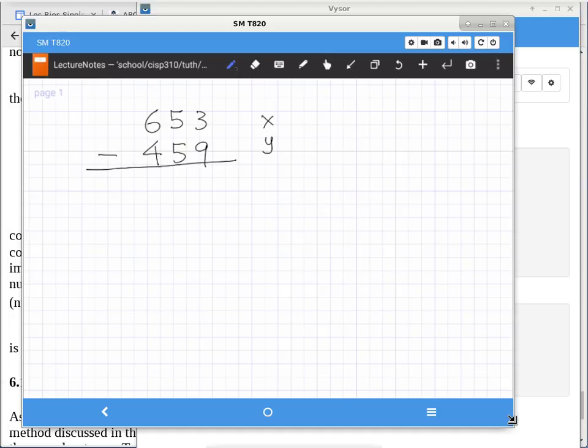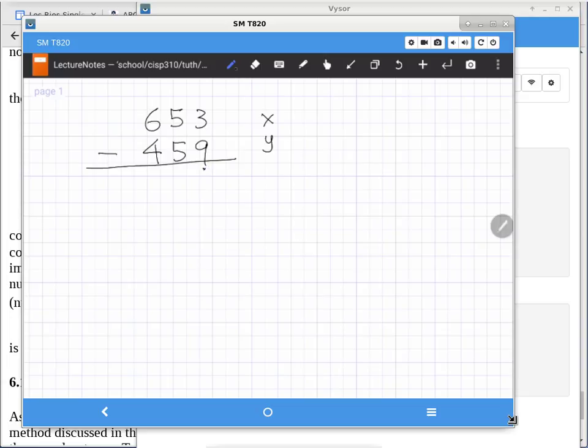So the first thing we need to figure out is what is 3 minus 9. Now 3 minus 9, okay, it's negative 6, but that's not what we want. We want to look at 3 minus 9 as a 4 with a borrow. Does it make sense? So we'll say this is a 4 with a borrow.